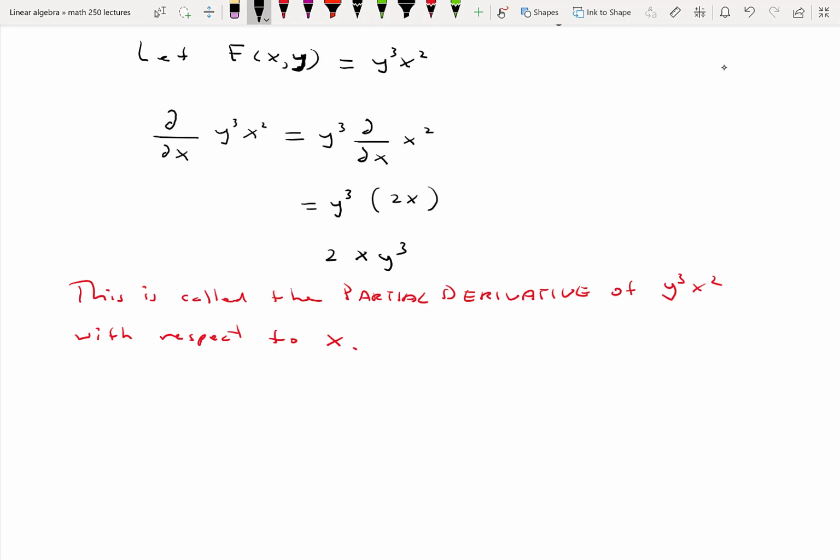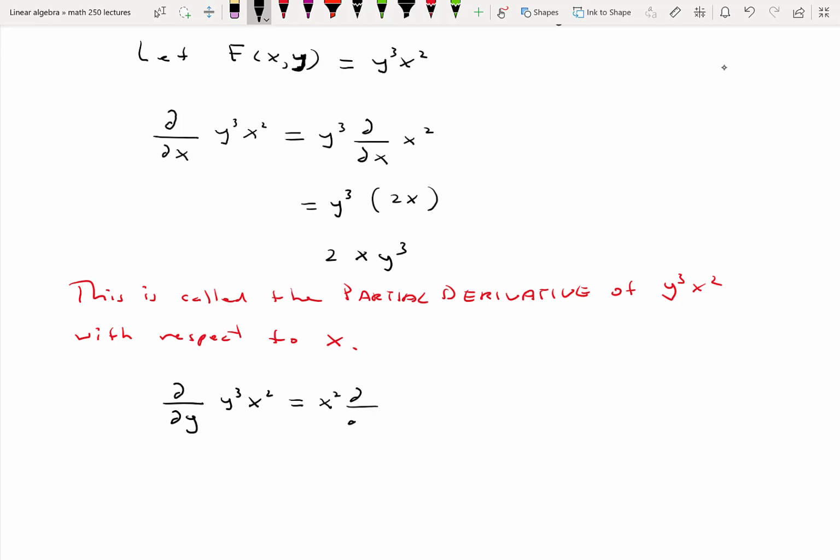Similarly, I could take the partial derivative with respect to y of the same function, y cubed x squared. What that means is I'm holding every other independent variable constant. In this case, again, there are only two independent variables, x and y.